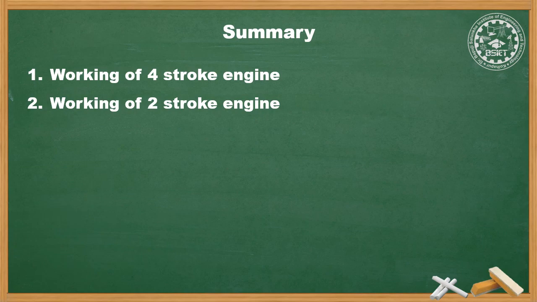The working of the two-stroke SI engine has been explained in this session. Students are requested to please understand the working of the four-stroke engine properly, so that their further concepts are clearly based on the working of the four-stroke engine. Thank you.